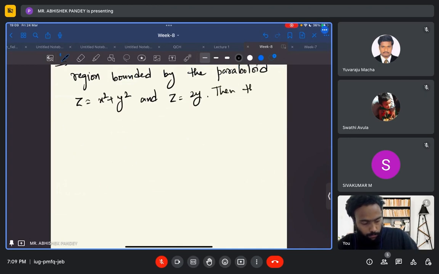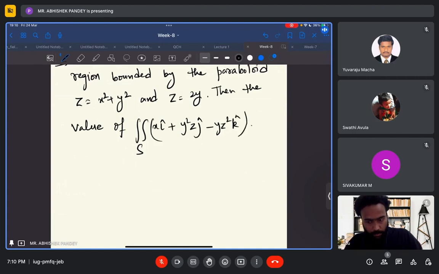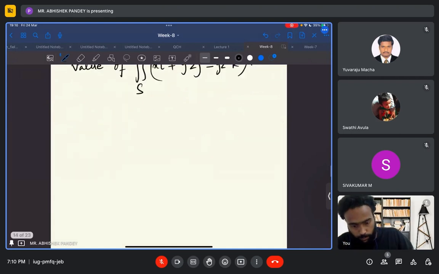Then the value of the double integral of x i cap plus y square z j cap minus y z square k cap dot n cap dS is equal to, so this we need to solve.